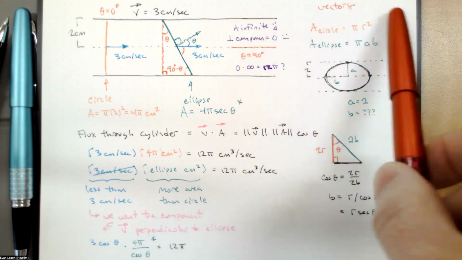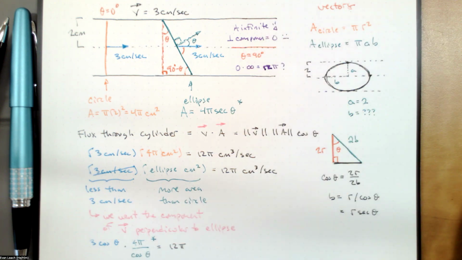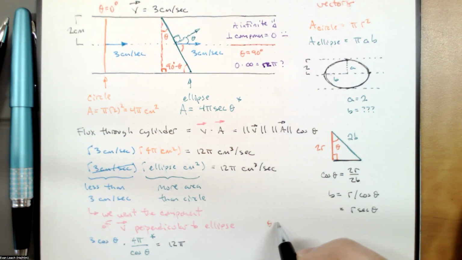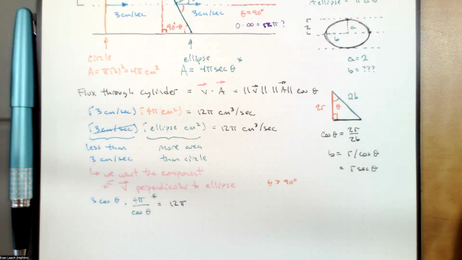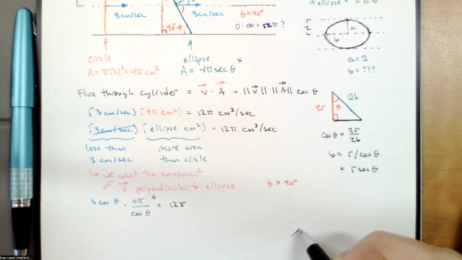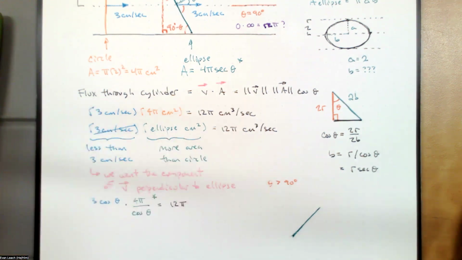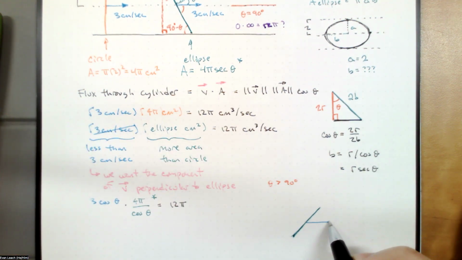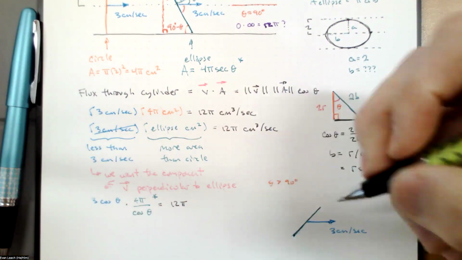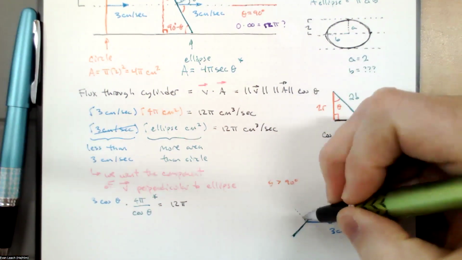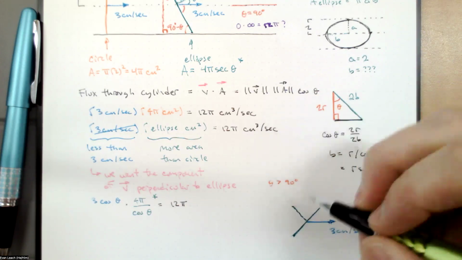I was thinking I needed to draw this all the way across, and I'm like, oh, no, I don't. And now I just realized, yeah, I did. So for theta greater than 90 degrees, the normal vector is now going the other way.